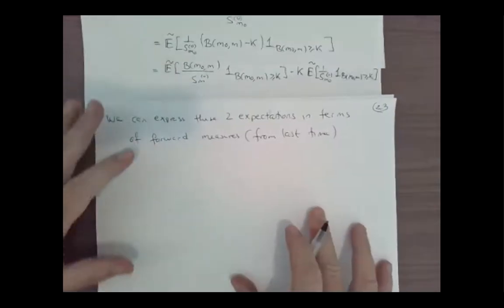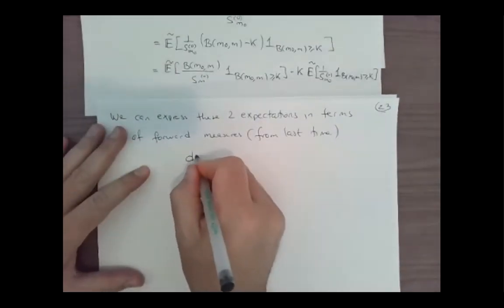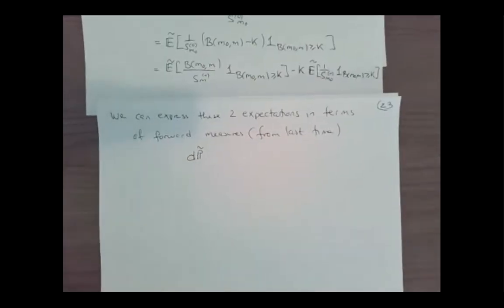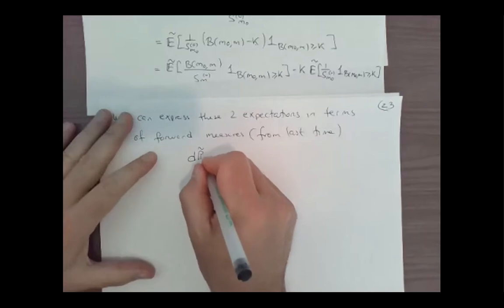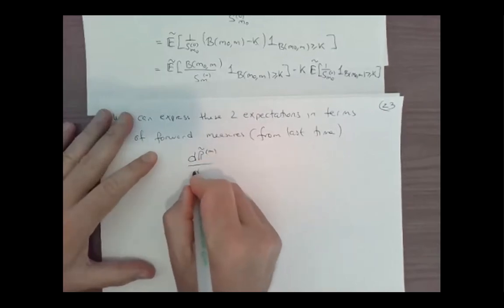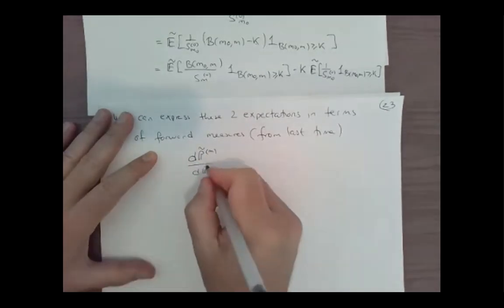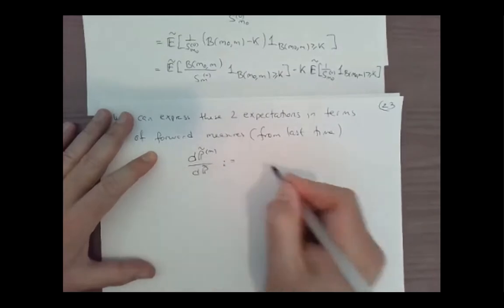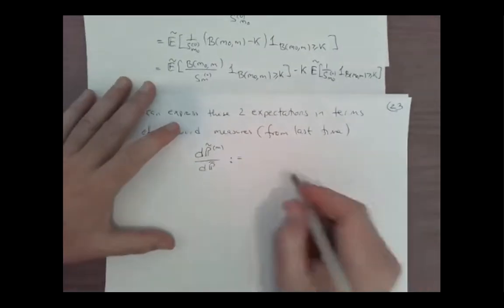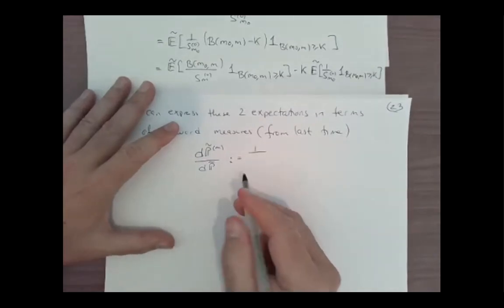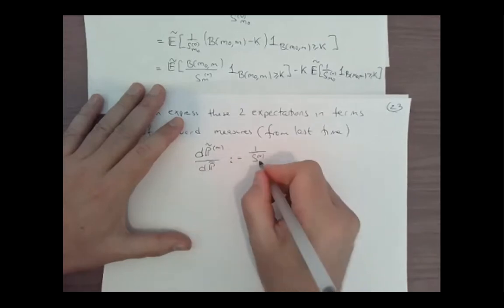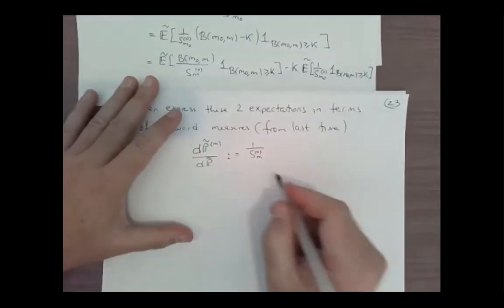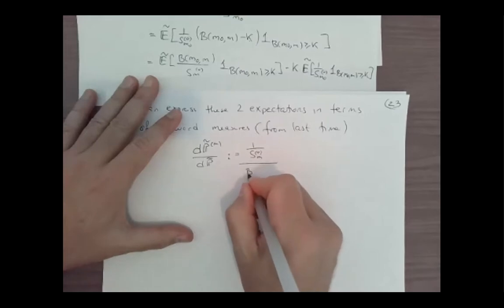So remember the forward measures, these are the ones that have the Radon-Nikodym derivatives. So you have dP tilde M, the Radon-Nikodym derivatives. They will be defined through 1 over the money market account, and then normalize it with the zero coupon bond.